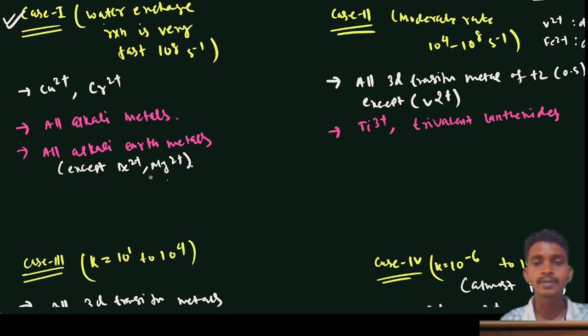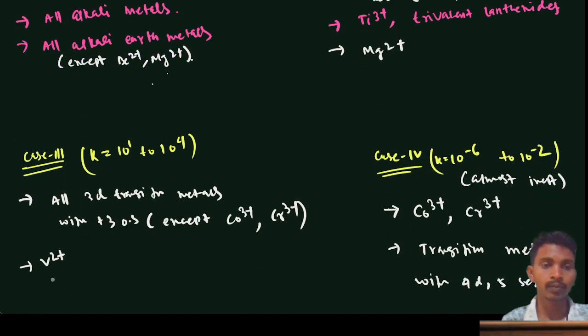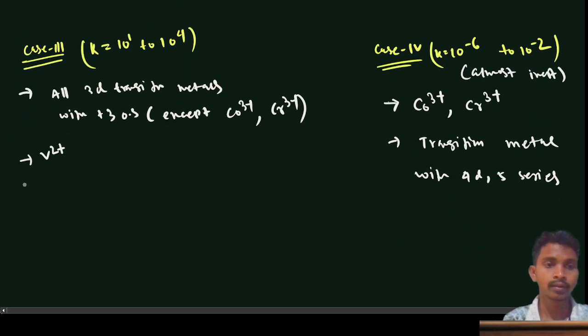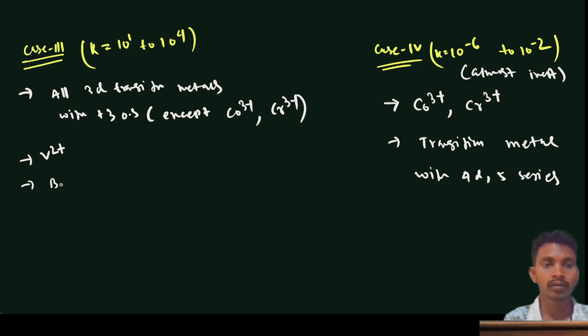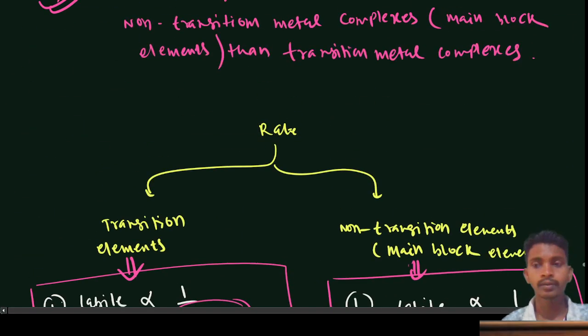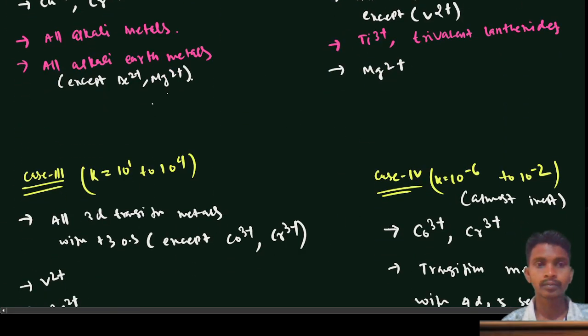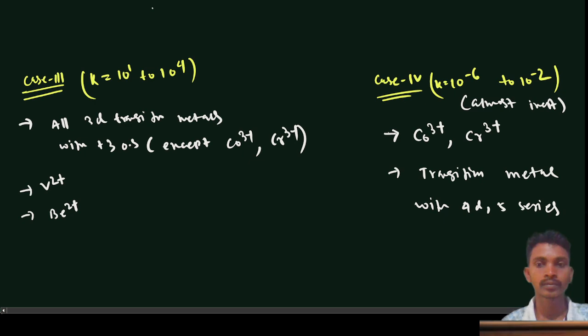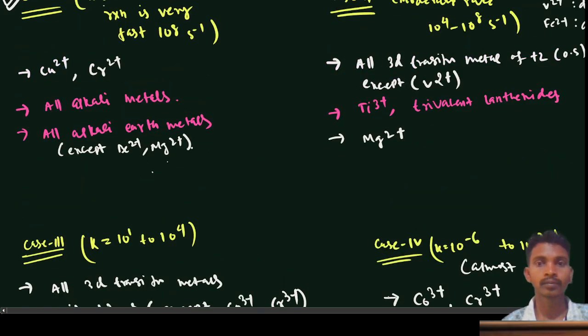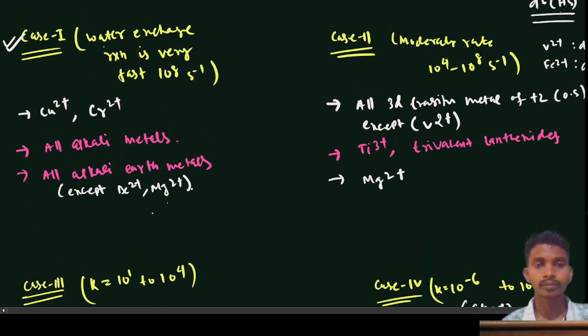This magnesium has a little bit higher size, so it will fall in this category, Mg2 plus, and this beryllium has a very low size, so it will fall in this category, beryllium 2 plus. Okay, this much.